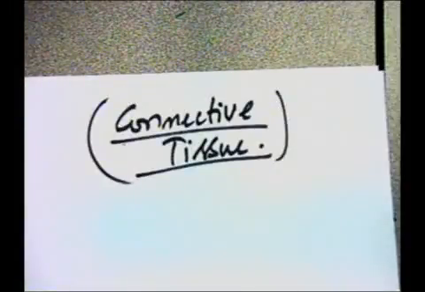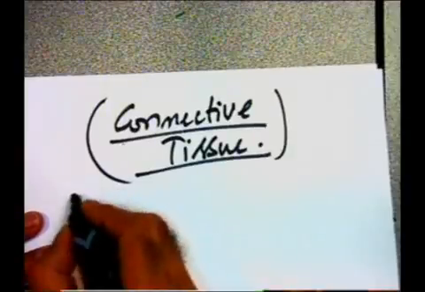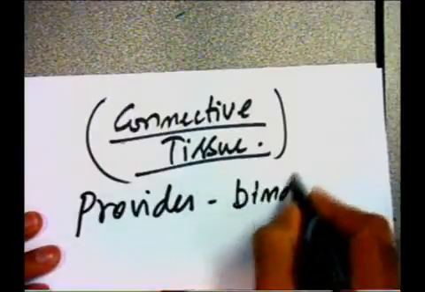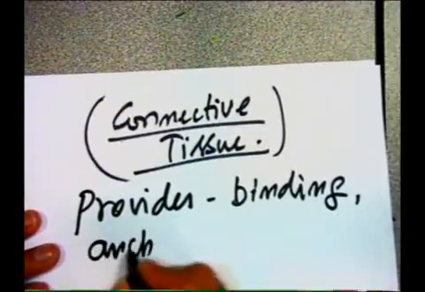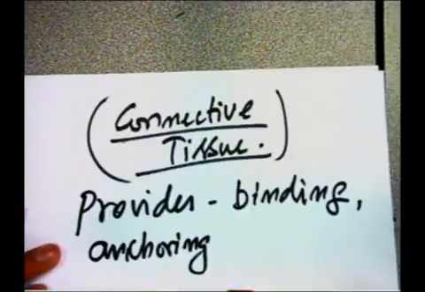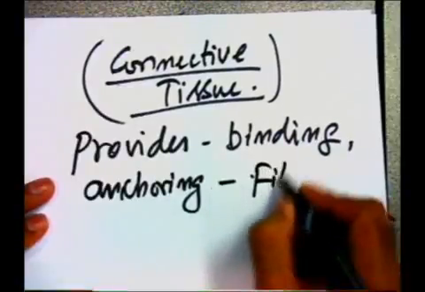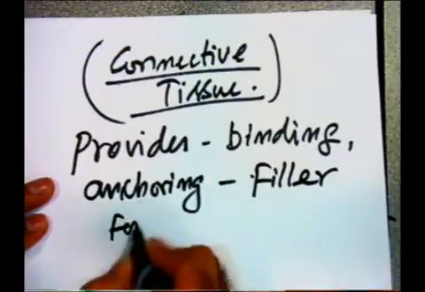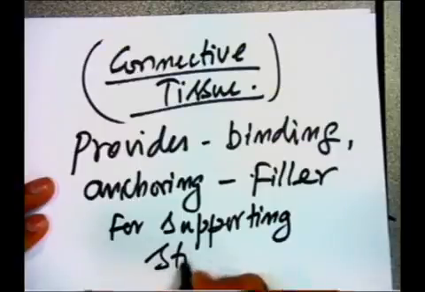The primary tissues. So the characteristic of connective tissue: what will this connective tissue do? It provides binding and anchoring, which means attaching. And it is also a filler, the filler cells, for supporting the structure of our body.